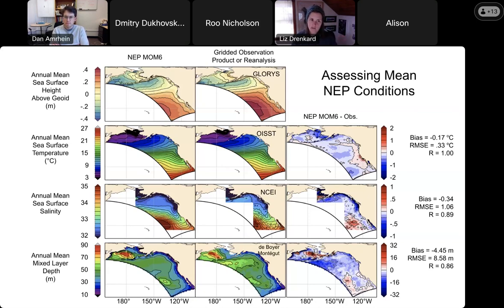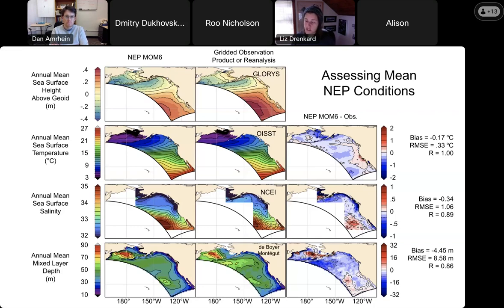So just going down, we do the sea surface height. Next row is sea surface temperature. The following row is the annual mean sea surface salinity, and then the bottom one is the mixed layer depth. And generally speaking, we're pretty happy with the results.